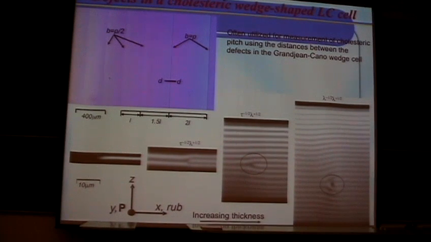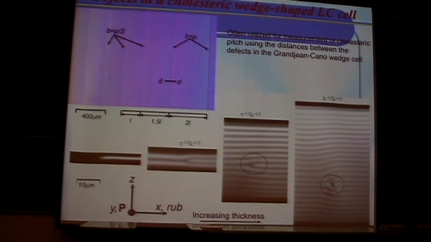So this is a sample in which we have the cholesteric liquid crystal material in a wedge geometry, so that a different number of molecular cholesteric twists can fit into the thickness of the sample.